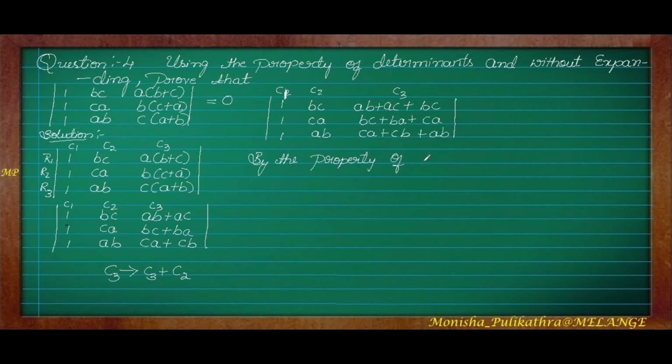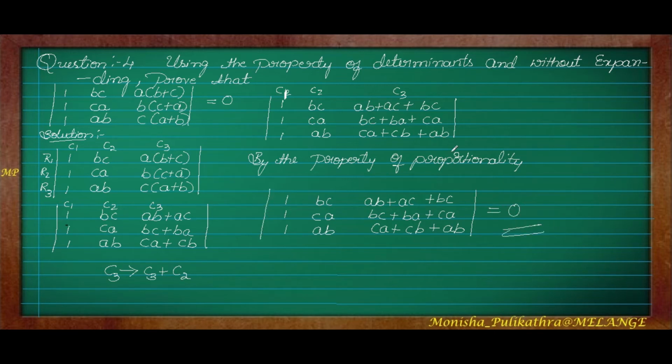By the property of proportionality, if two columns have same elements, then this determinant is equal to 0. So this determinant is equal to 0 according to the proportionality property.